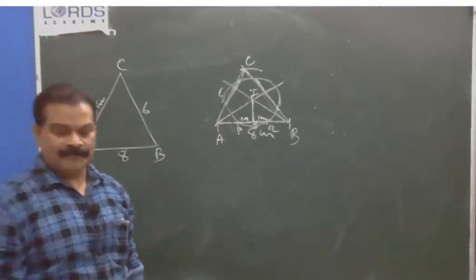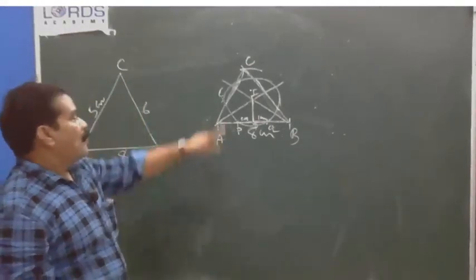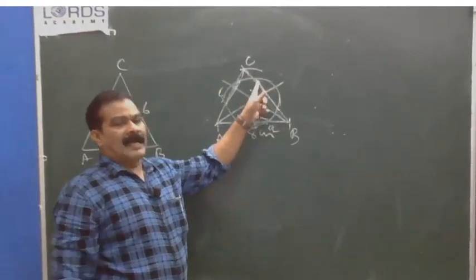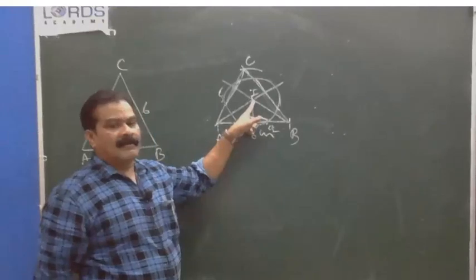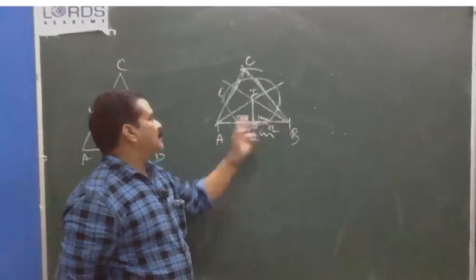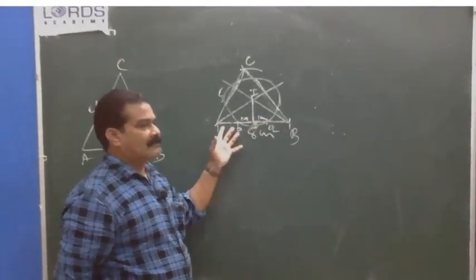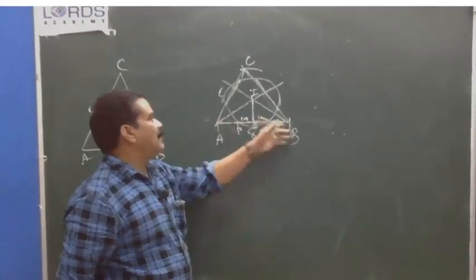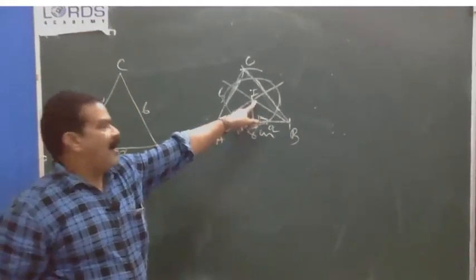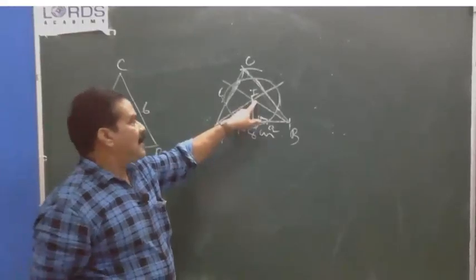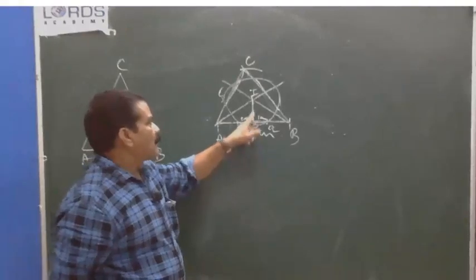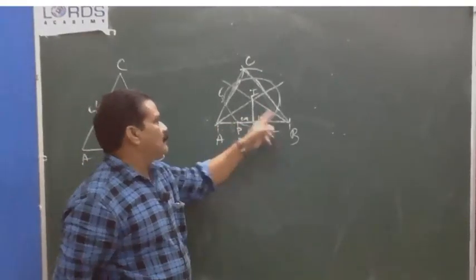This is the question. Once again I will repeat. First you draw the triangle ABC and find out the incenter. For that, you draw the angle bisectors of any 2 angles, let it be angle A and angle B. The intersecting point you take as the incenter I. From that I, you draw a perpendicular to AB.